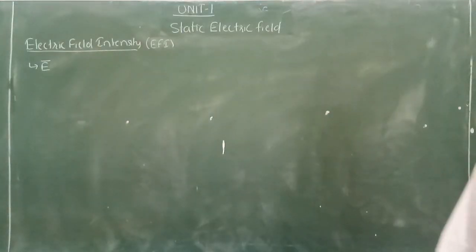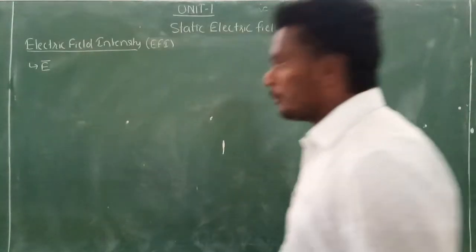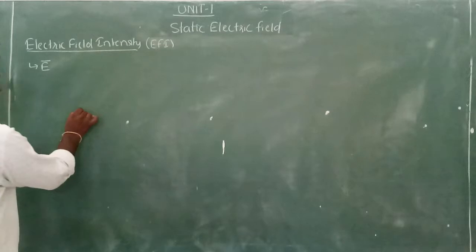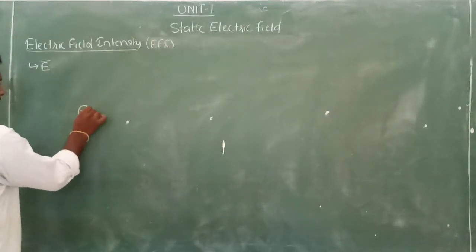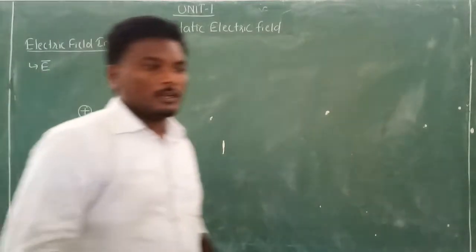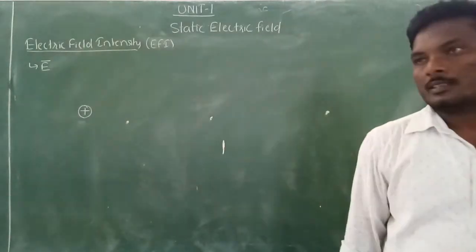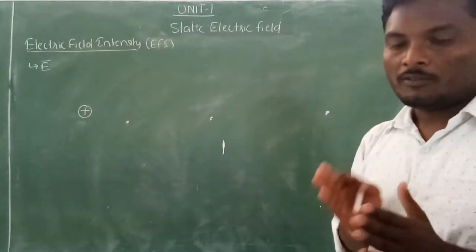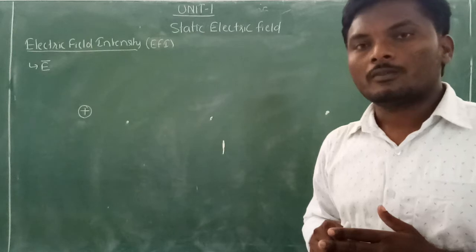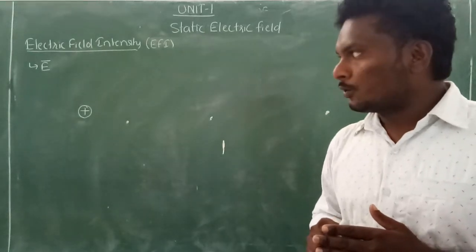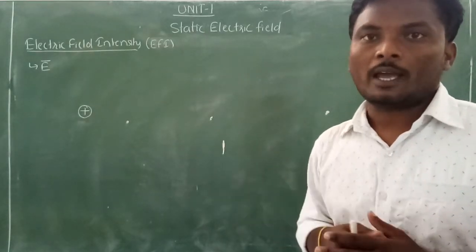So, to understand this concept, let us consider a positive charge here like this. As already explained in the previous classes, whenever there is an existence of a positive or negative charge, due to its properties, it produces its own lines.